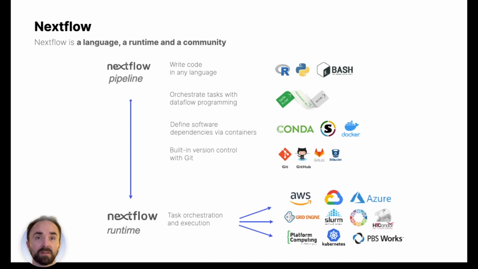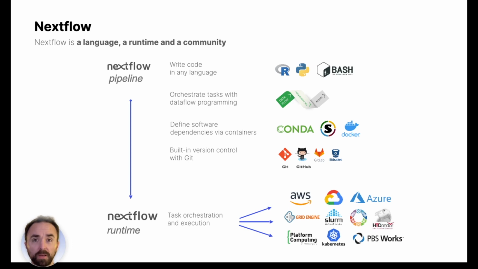Nextflow speaks native Git. We believe that Git is the best solution for version control. It can conveniently interoperate with GitHub, GitLab, Gitea, Bitbucket, CodeCommit, all of those major providers. And when the Nextflow workflow is hosted on Git, Nextflow understands that it's hosted on Git and understands its own versioning.